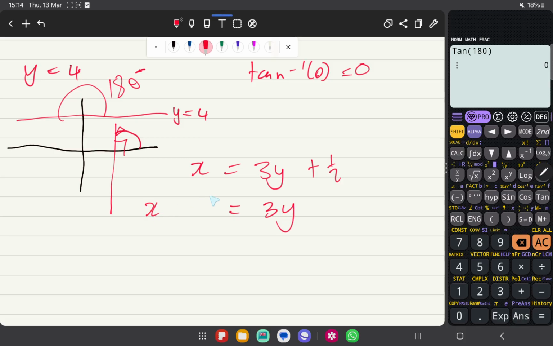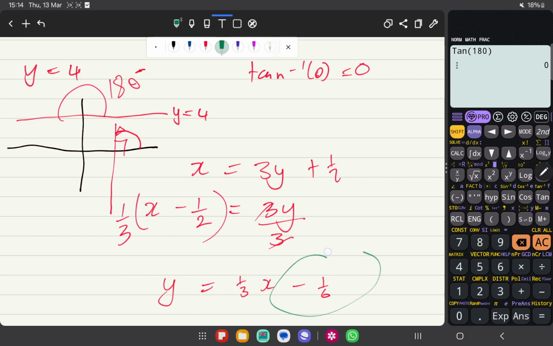This is x minus half, and then we divide everything by 3, 1 over 3. So this 3 cancels. Then you have y equals, on the other side, 1 over 3 x minus 1 over 6.